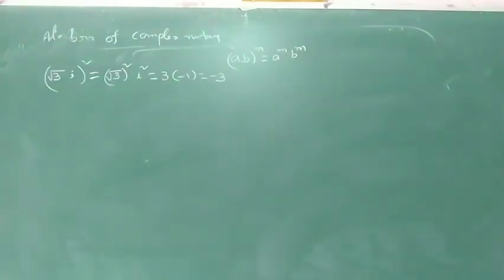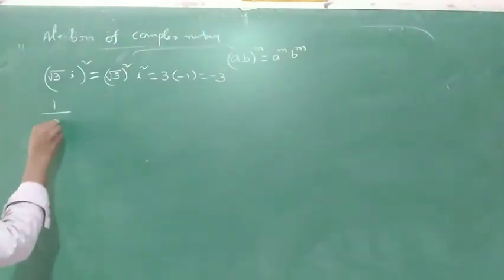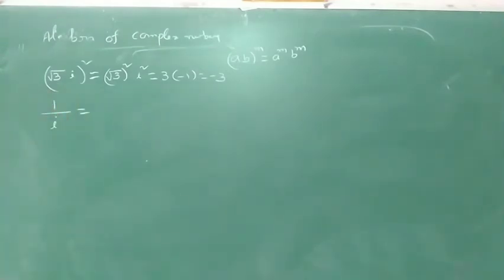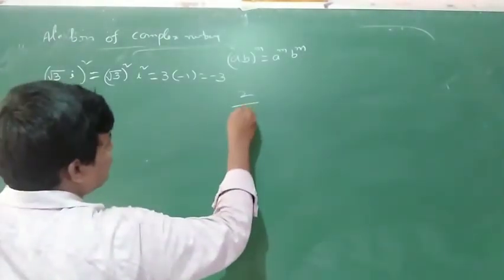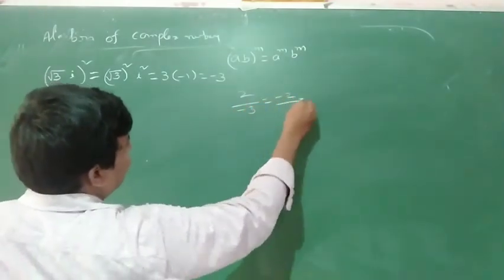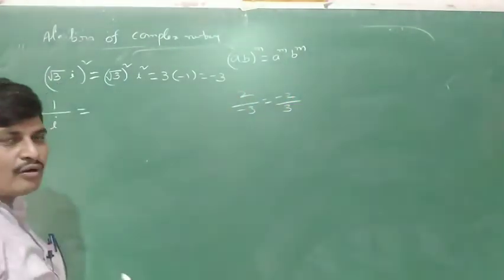Okay. 1 by i. In the denominator, i is not there. For example, 2 by minus 3 can be written as minus 2 by 3.